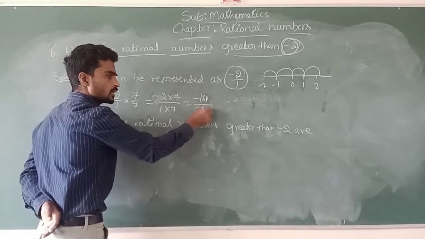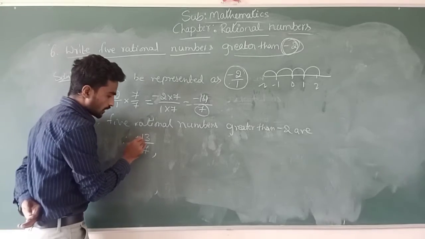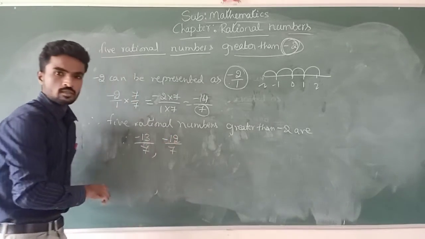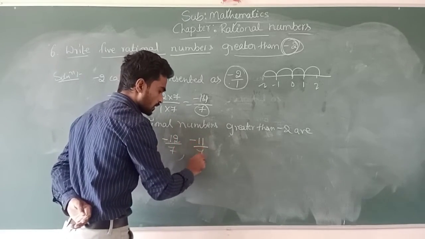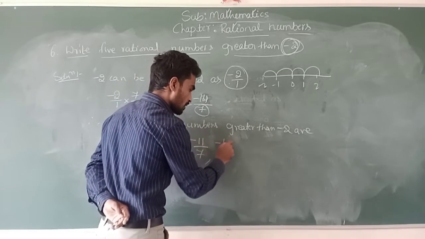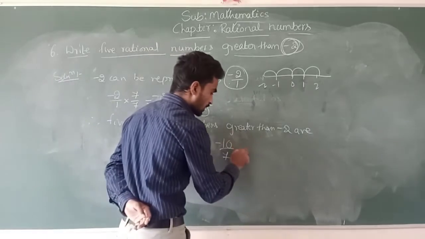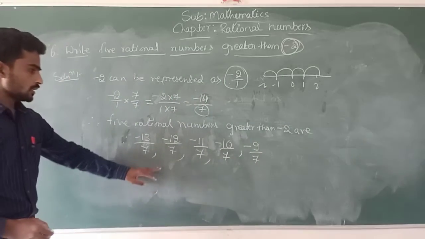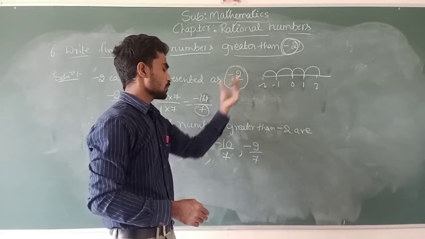You can write the same denominator here only, -13 by 7. Next number greater than -13 is -12, -12 divided by 7. Next number greater than -12 is -11 divided by 7. Next number greater than -11 is -10 divided by 7. Next number greater than -10 is -9 divided by 7. These are the 5 rational numbers greater than this -2.